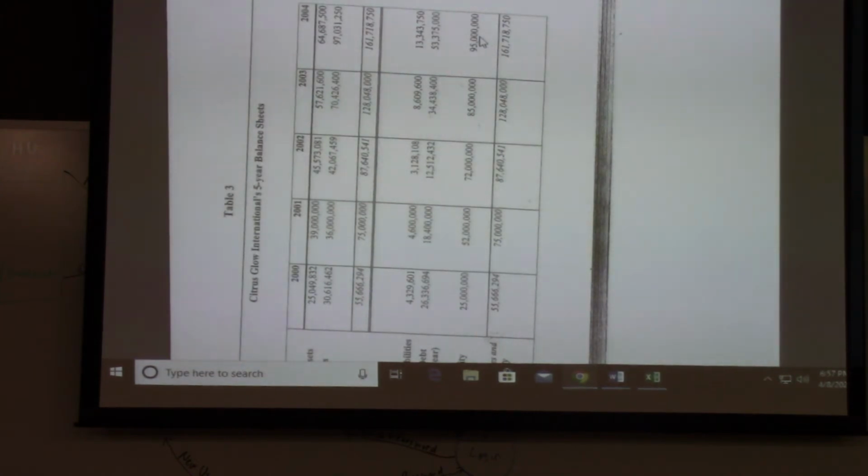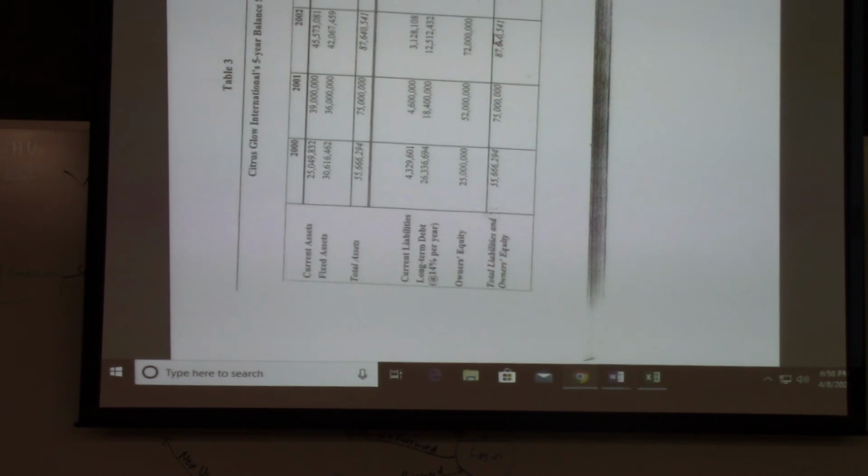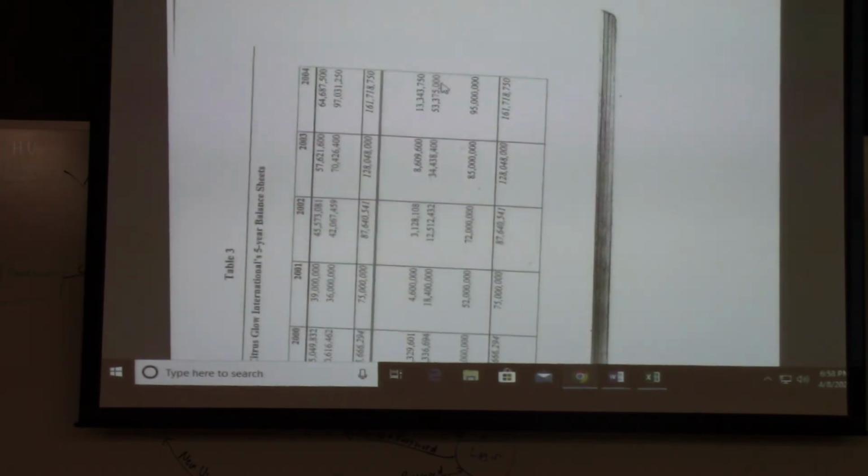So their total owner's equity and liabilities, 162 million. 95 million of that is owner's equity, and 66 million of it is, well, it depends on whether we want to use long-term debt or current liabilities. 53,375,000 divided by 161,718 is roughly 34%.